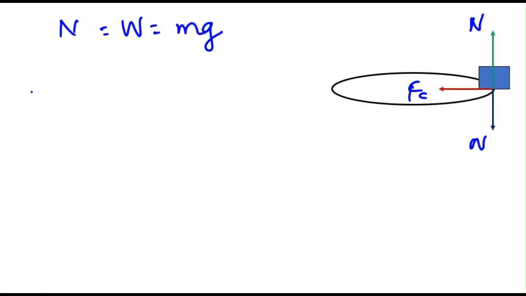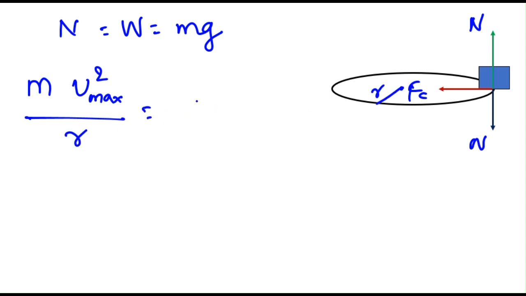So, as mass is constant, velocity can be changed. So velocity can be its maximum value, and r is also fixed for a particular circular track. So m v max square by r equals maximum friction, which is nothing but mu s into N. And in this case, we can replace this N by m into g.